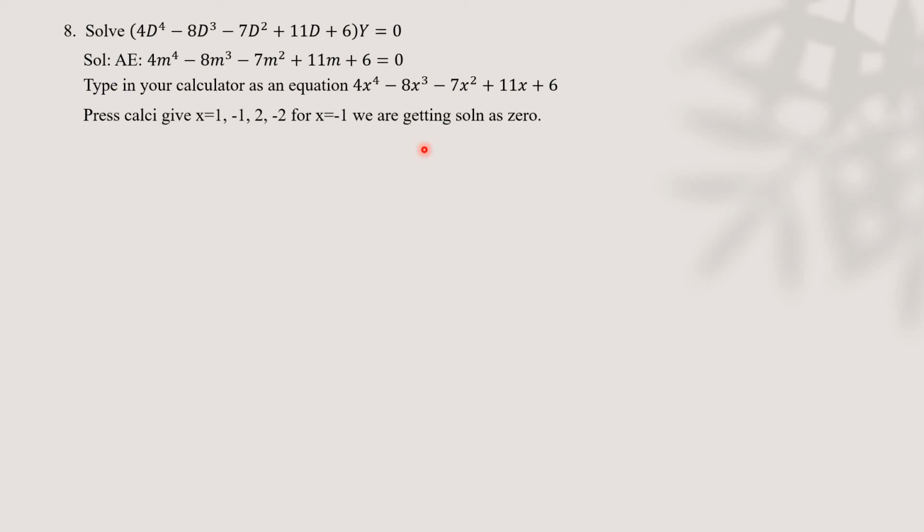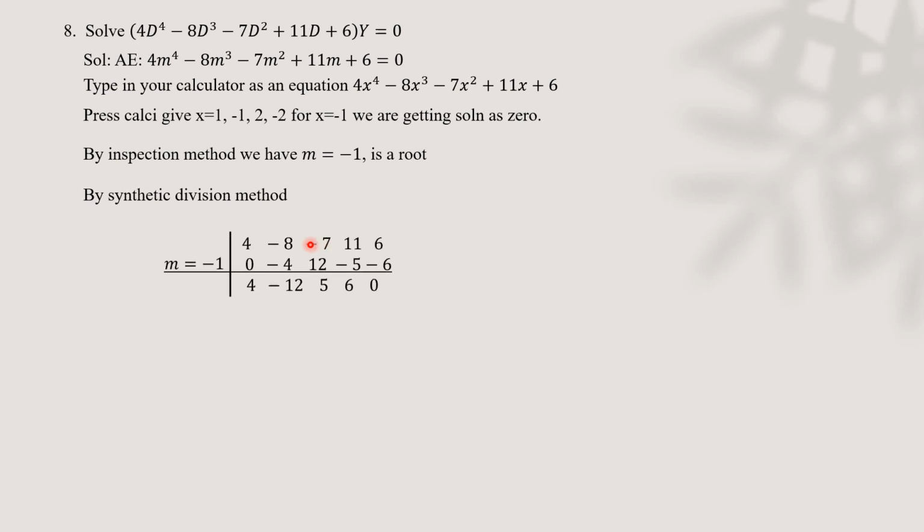That is the one root we are going to get. Then using that root, I'm going with synthetic division. So by the inspection method, we have got m equal to -1 as a root. By synthetic division, I will reduce the degree 4 equation to a degree 3 equation. How is it possible?